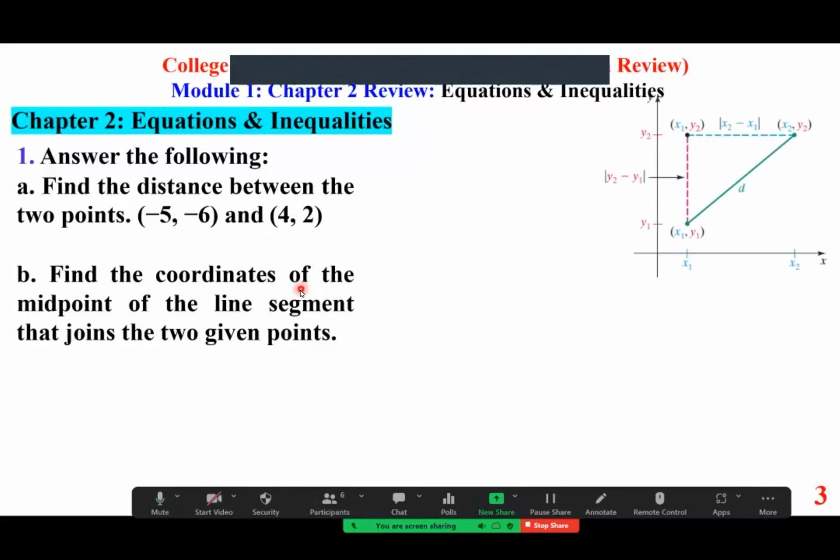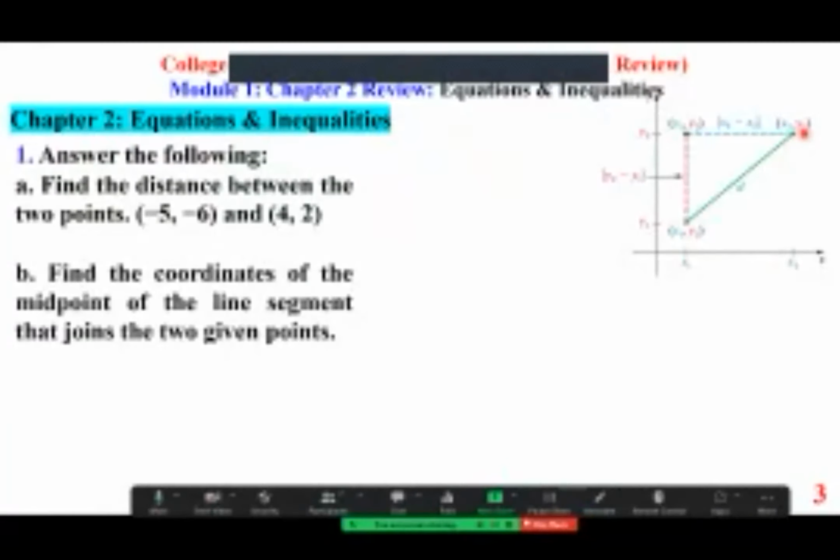Starting with the distance formula. If we are interested in calculating the distance between 2 points, one has coordinates x sub 1, y sub 1, one has coordinates x sub 2, y sub 2.